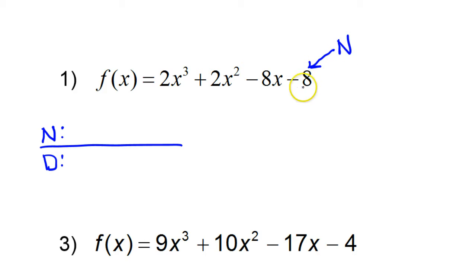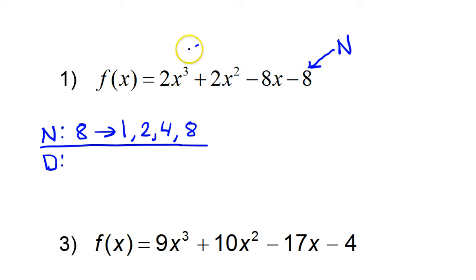The possible numerators are going to be factors of 8. So what are the factors of 8? Well, obviously 1 and 8 are factors of 8. But other than that, we have 2 times 4. So we have 2, and we have 4, and we have 8. So the possible numerators will all be factors of 8.